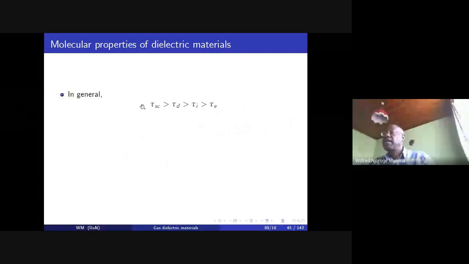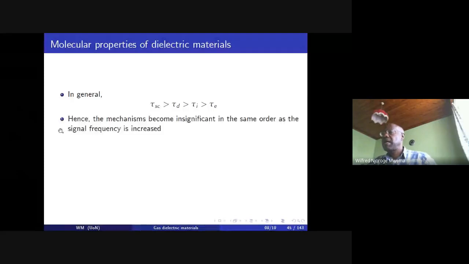The order is the space charge relaxation time, the orientation relaxation time, the ionic, and then electronic. Hence, the mechanisms become insignificant in the same order as the signal frequency is increased.